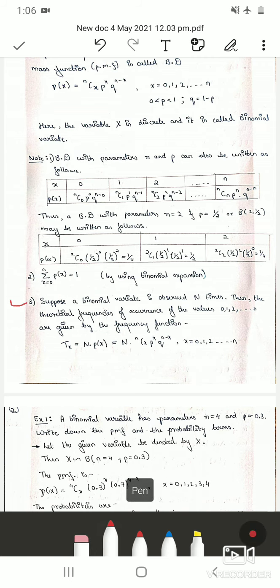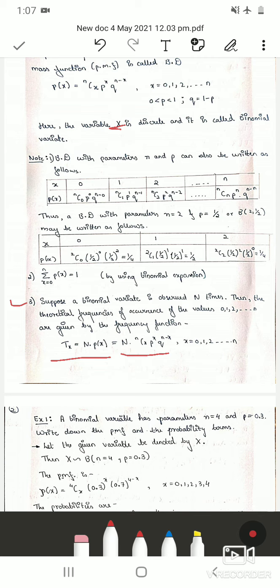The third note is, suppose a binomial variate is observed n times. Here binomial variate is nothing but your x. If x is observed for n number of times, then the theoretical frequencies of occurrence of the values 0, 1, 2 and so on till n are given by the frequency function T of x equal to n into P of x.